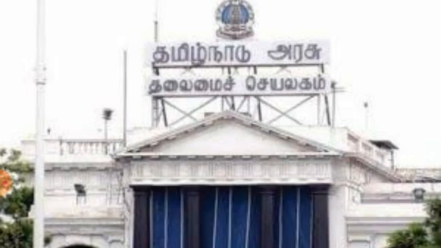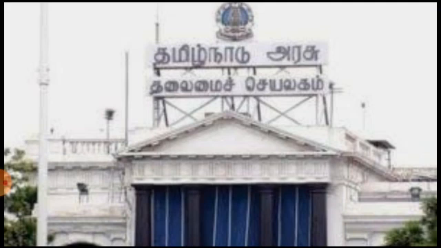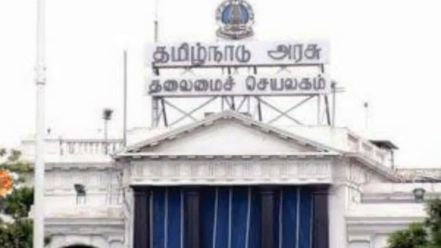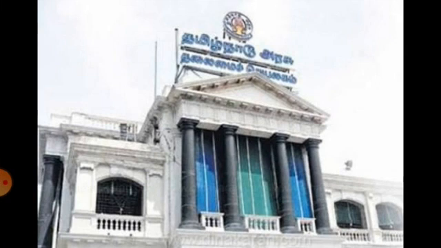Okay, next, National Food Security Act in Tamil Nadu. On 1st November 2016, Tamil Nadu became the last state in the country to implement the National Food Security Act, after holding out for 3 years.